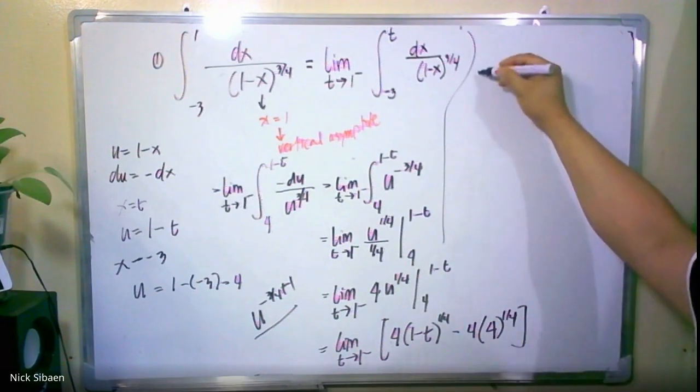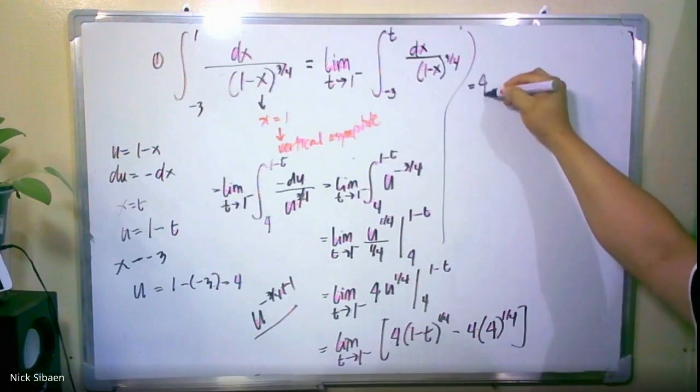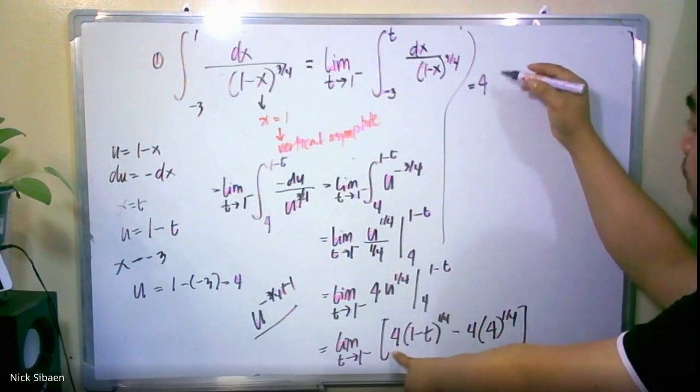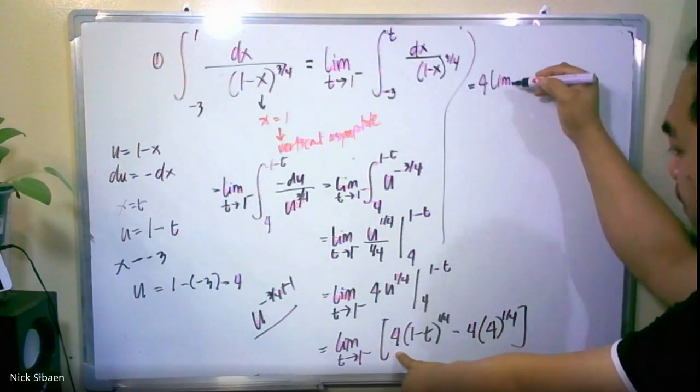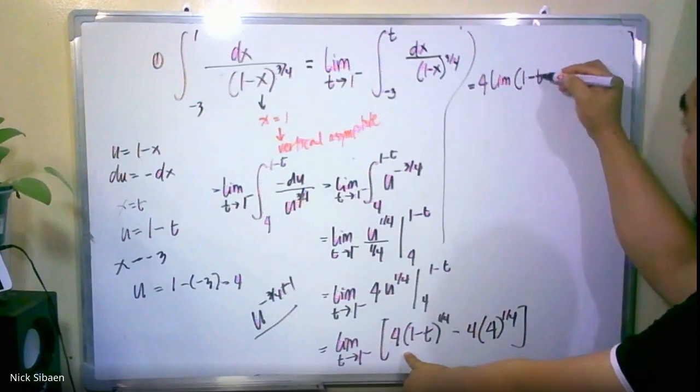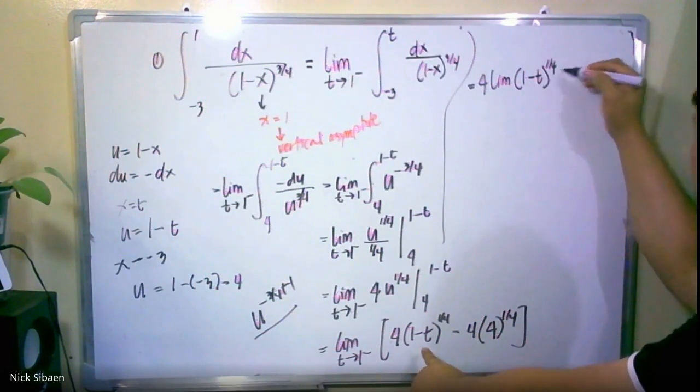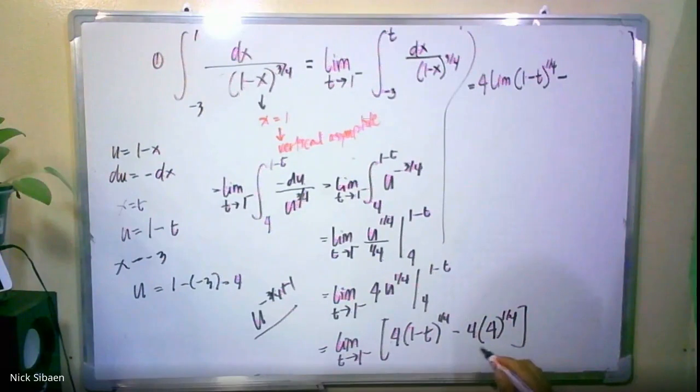So this is just the same as 4. I-factor out ko na yung 4 dito. Limit of (1 minus t) raised to 1/4, minus the limit of this one. Alam natin ulit na constant lang yan. Kailangan lang natin i-simplify siguro. So what is 4 times 4 raised to 1 over 4?